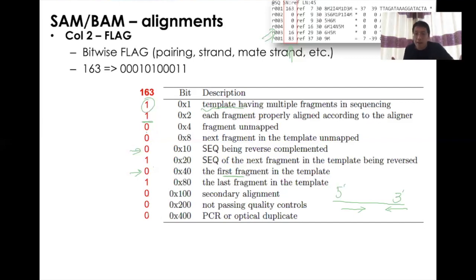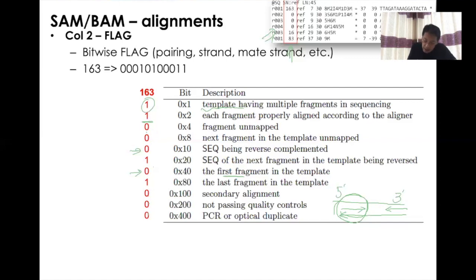What that really means is the initial DNA sequence, the fragment you want to sequence, is from 3' end to 5' end. That's why this particular read information is from 5 to 3 at the same time. It is not the first fragment in the template.